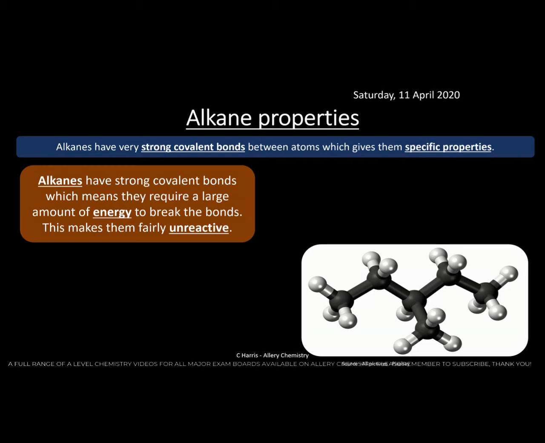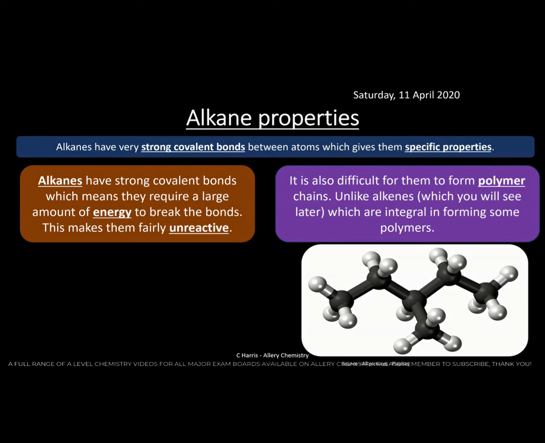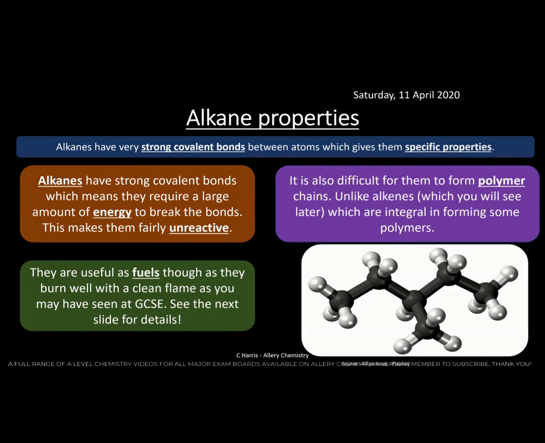But in terms of reacting with other substances, it's really difficult for them to do that. And so for this reason, it's really difficult for them to make polymer chains. Alkenes, you'll see later on, are different, but alkanes don't really react to do a lot. They are useful as fuels, as I say, and they actually burn with a clean flame, and you would have seen that at GCSE.